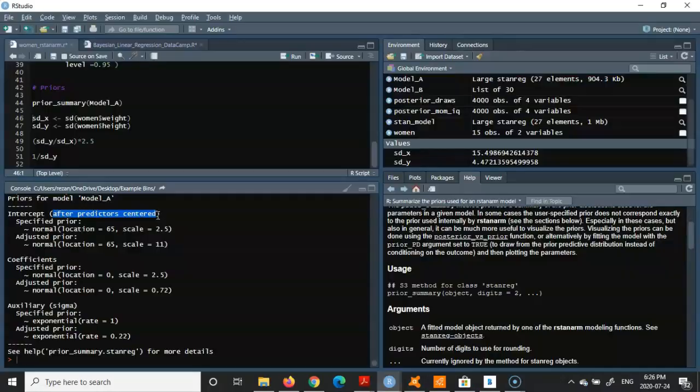Then when you come to our model here and you see that after predictor is centered on the intercepts for the priors, it's essentially nothing except the fact that this one has been centered just to resolve that issue.